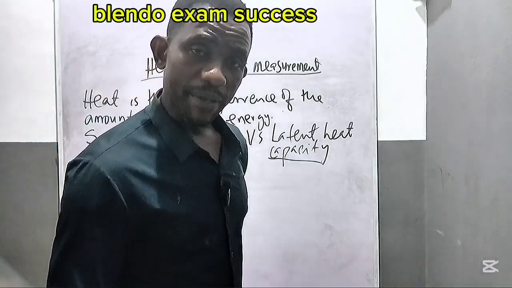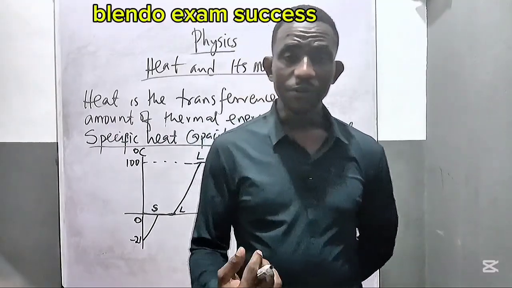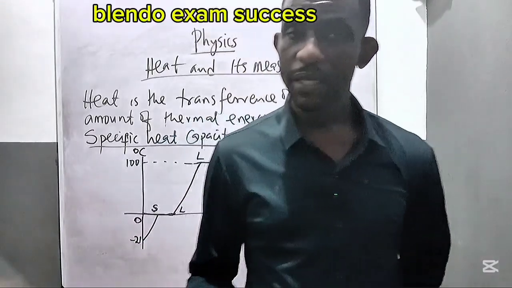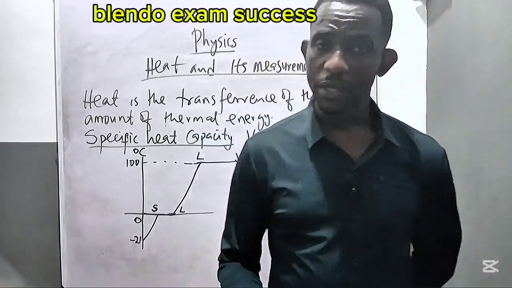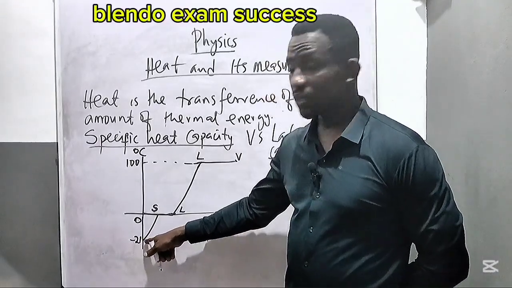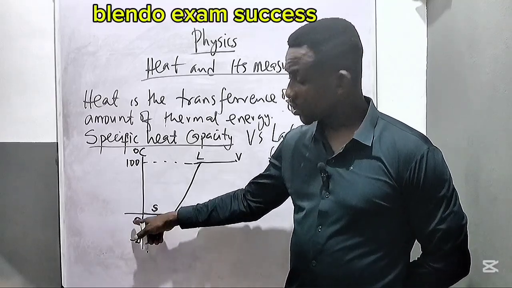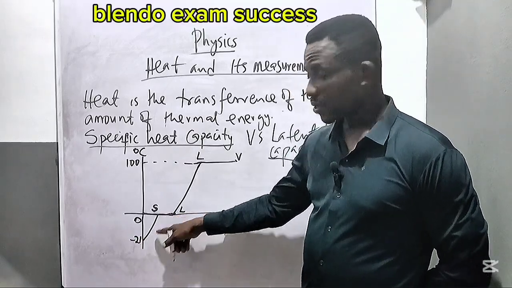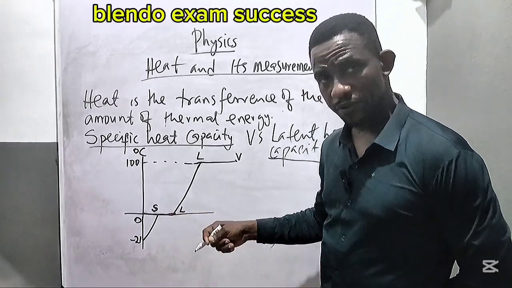Specific heat capacity is the amount of heat energy required to raise the temperature of a unit mass of a substance by 1 degree Kelvin or 1 degree Celsius. So the temperature change here is proportional to the specific heat capacity.